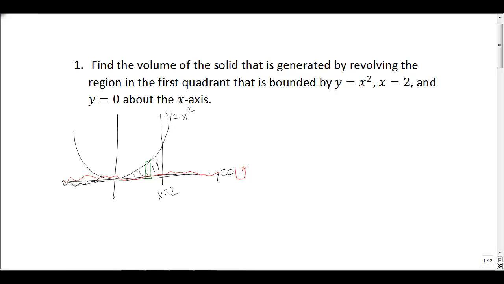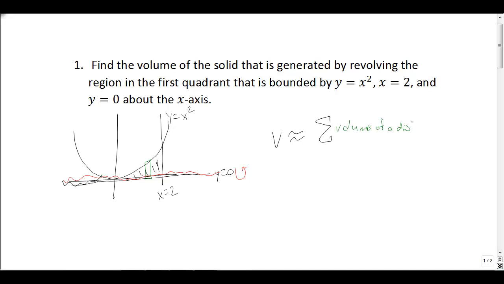Okay, so what I'm going to think about here is my volume is approximately the sum of all of those disks. So I'm going to do a sum in sigma notation. I could worry about index bounds here, but I'm not going to do that. I'm going to do a sum of the volume of each one of the disks.